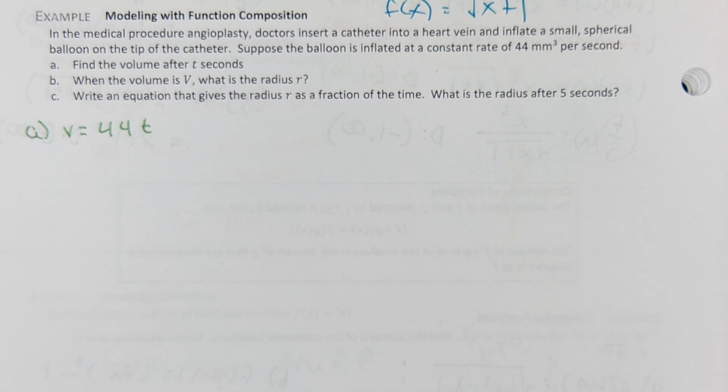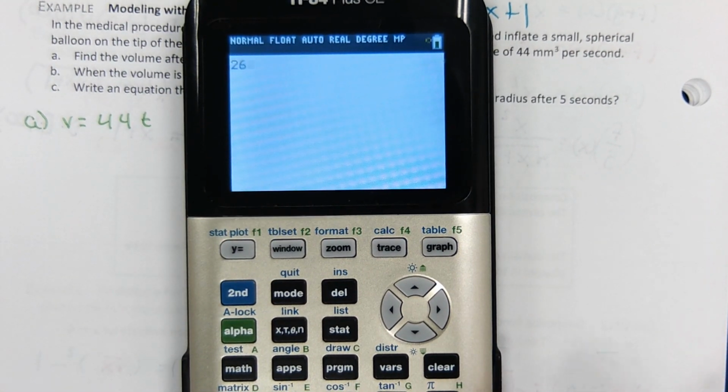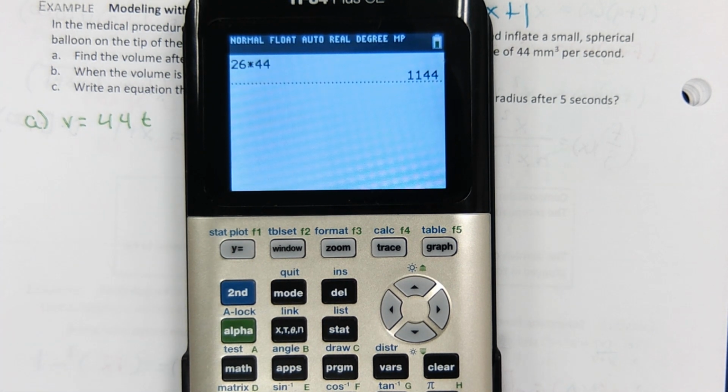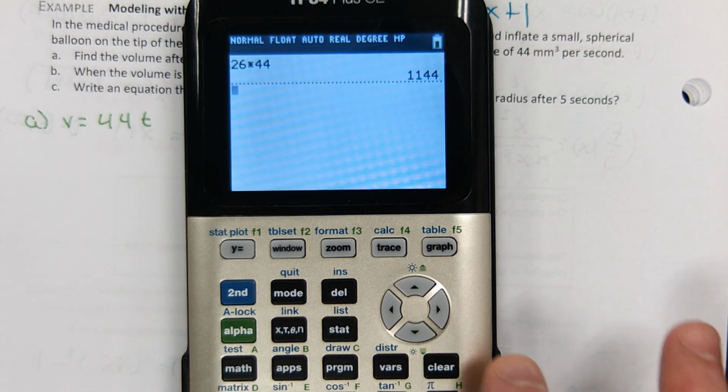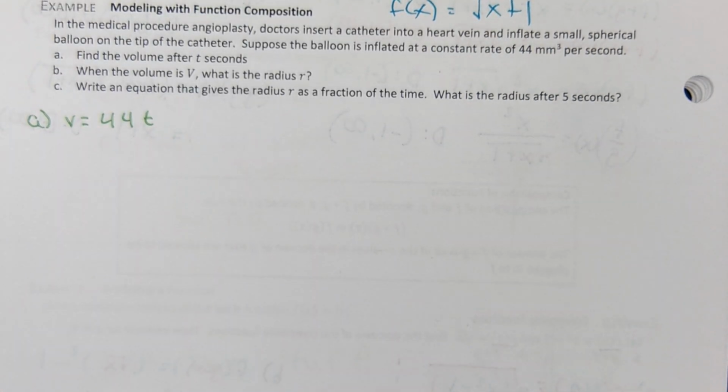Is it? You think? What do you want me to do? 26 times that? 26 times 44? 1,144. You said 1,044. That's not what I heard. You know what? I got it on tape. We'll roll the tape back and we'll see what it says. I'm kidding. They won't be able to hear you.